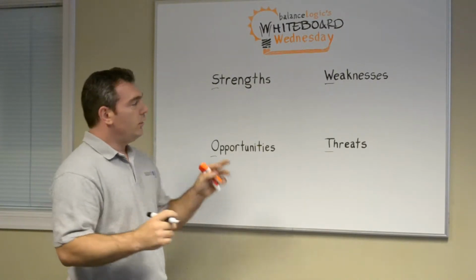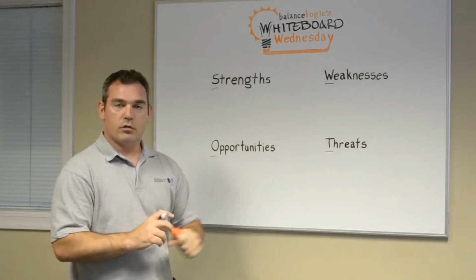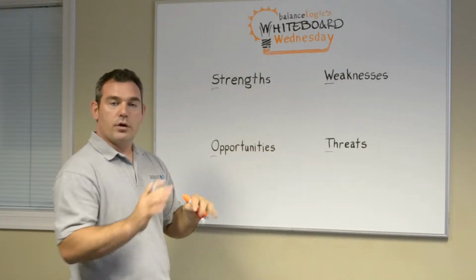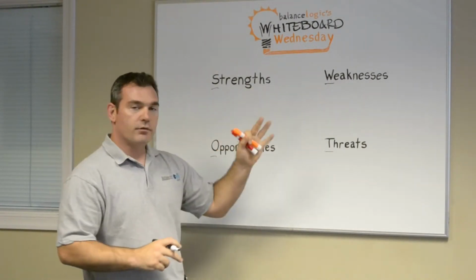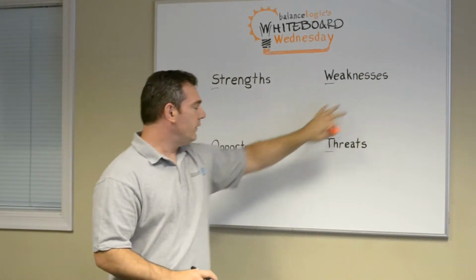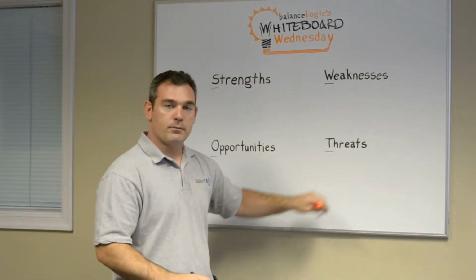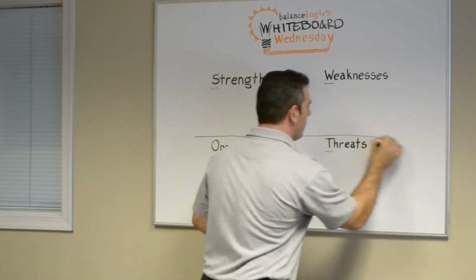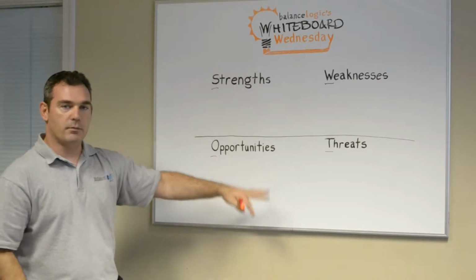The first thing we want to do is create the format for a SWOT, which is a 2x2 square with 4 different quadrants. Each quadrant is a different category: strengths, weaknesses, opportunities, and threats. So the first thing we're going to do is cut this in half. So we have the top half and the bottom half.